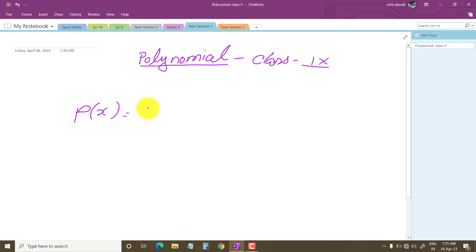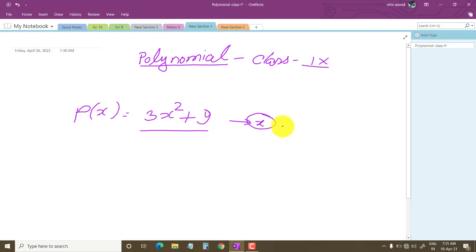If the polynomial is in one variable, then the number of variables should be 1. That means only x is a variable.